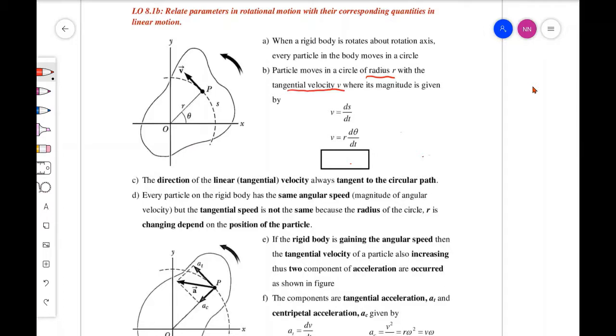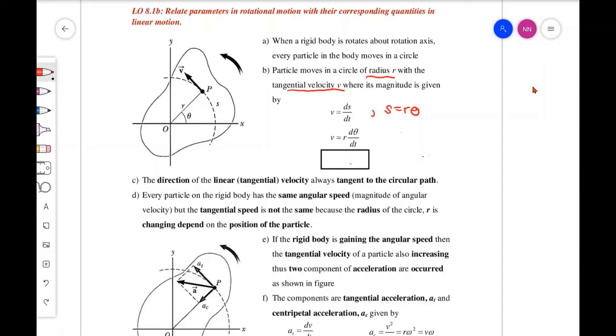v equals ds dt, yang mana s adalah sama dengan r theta. So kita keluarkan r dan perubahan yang berlaku pada rotational motion ni adalah angle theta.